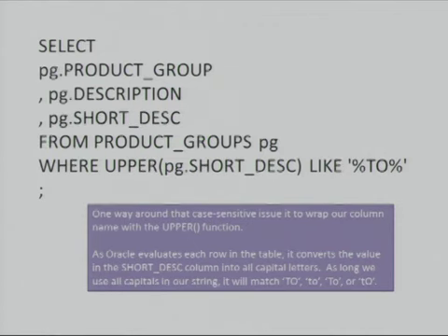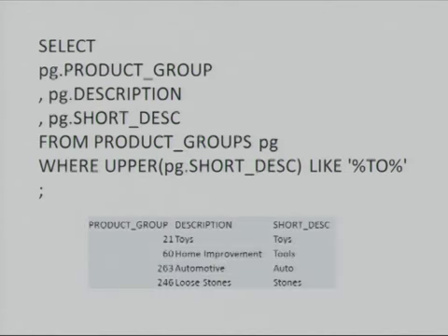Then it tests whether it's like capital T, capital O with something on the front or something on the back potentially. You want to make sure that your text string is all in uppercase too. In that case, it catches toys, tools, auto, and stones, because we've converted both things to uppercase, and so it basically forced it to ignore case.